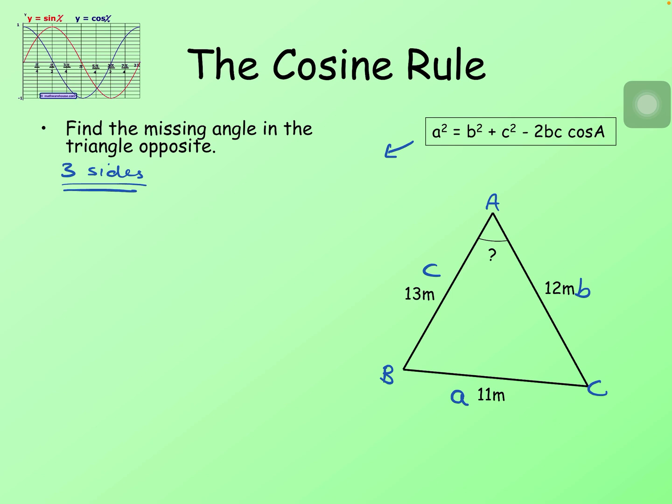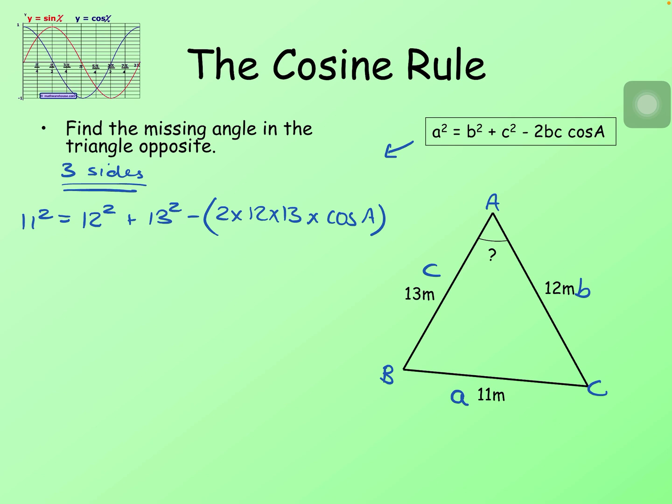So we have 11 squared equals b squared, which is 12 squared, plus c squared, which would be 13 squared, subtract, remember your brackets again, 2 times 12 times 13, because that's b and c, times by cos of, we don't know. Now, we'll leave it as a this time.